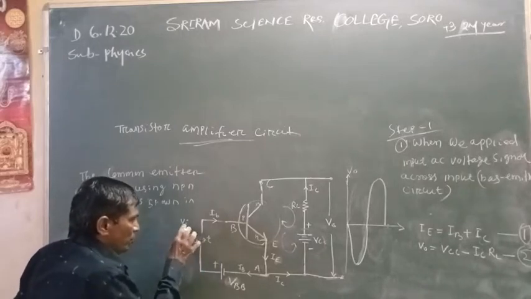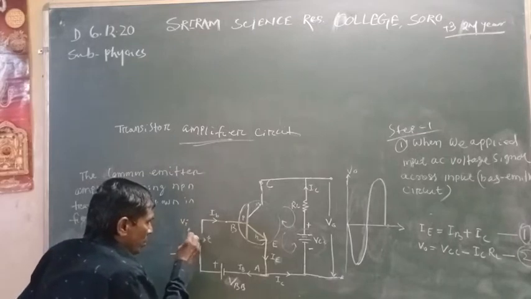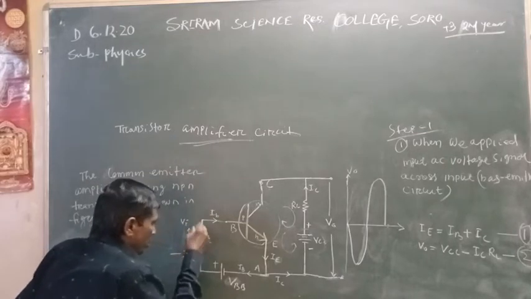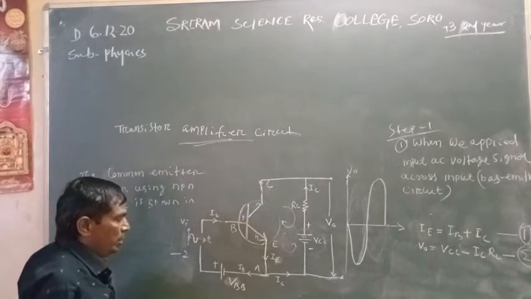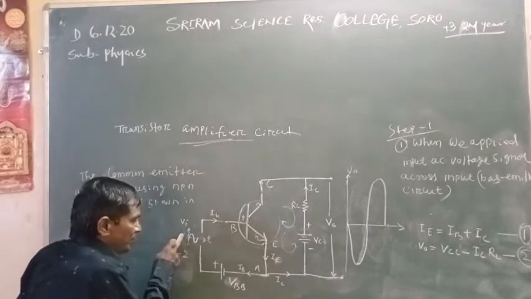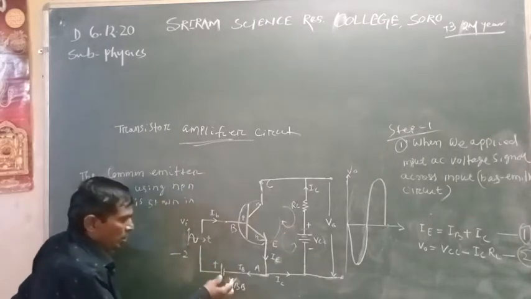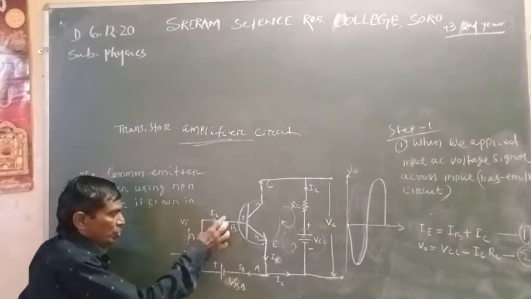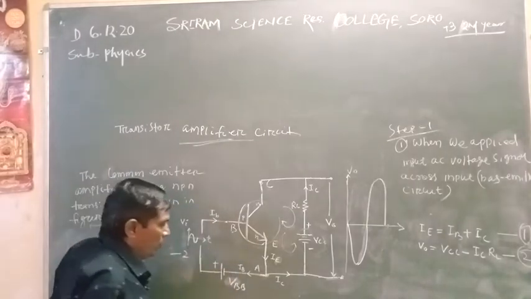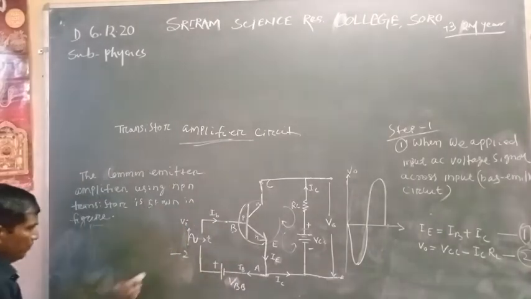When the positive half cycle comes to the input circuit, this positive half cycle supports the base emitter junction voltage.